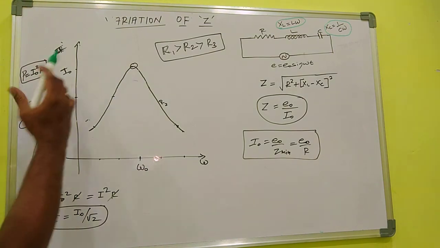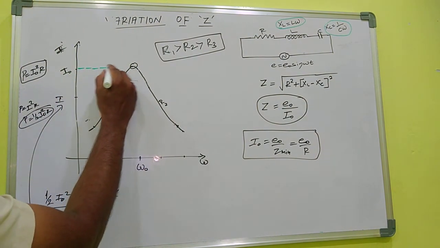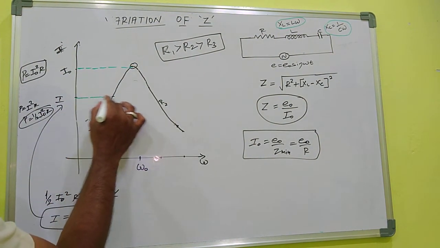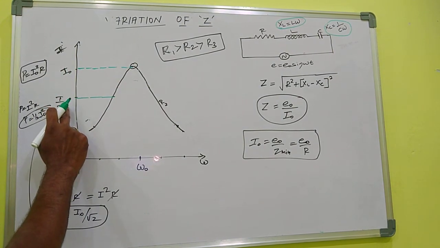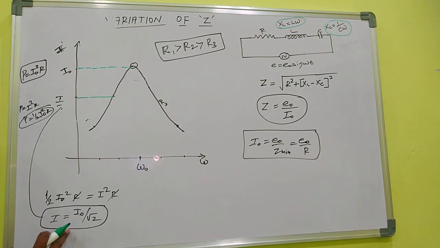Here the current is maximum. Here the current is less. Likewise, here the power is maximum. Here the power becomes half, because I equals I naught by root 2.